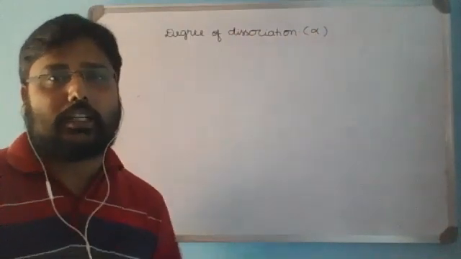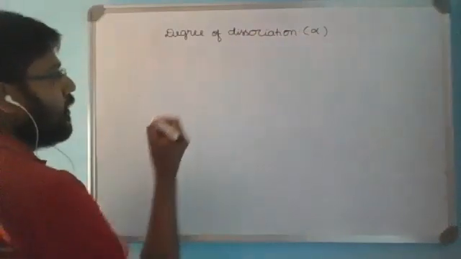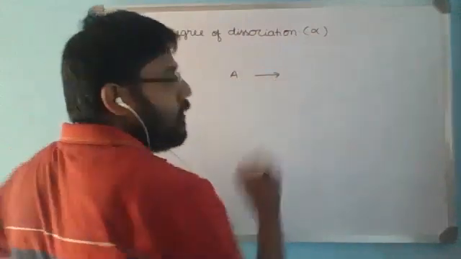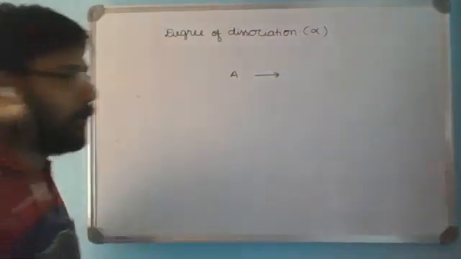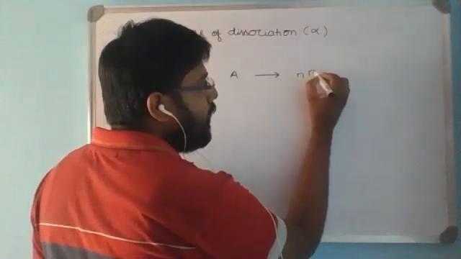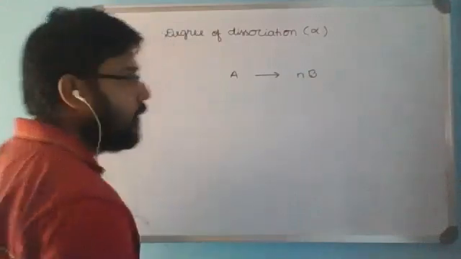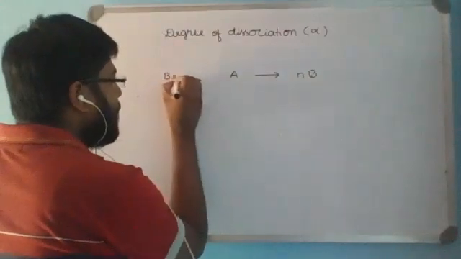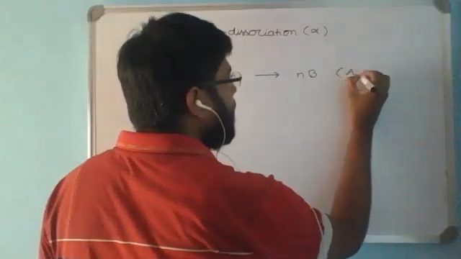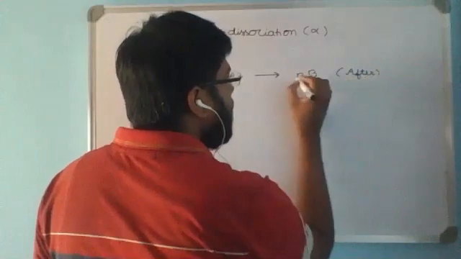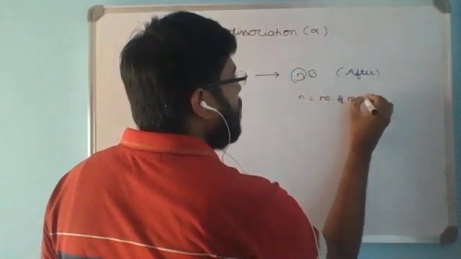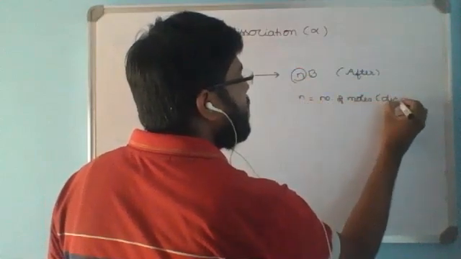So now we take degree of dissociation, and how exactly to calculate it. Take 1 mole of electrolyte A, which will give n number of moles of dissociated ions in the solution. This is before adding in the solution, and this is after adding in the solution. n represents the number of moles which dissociated in the solution.